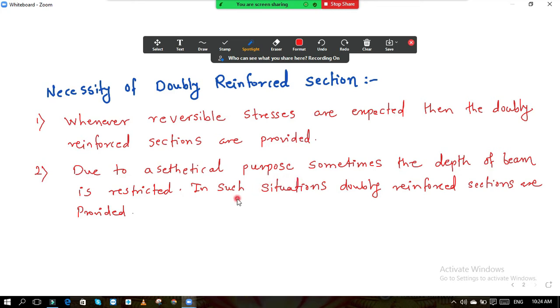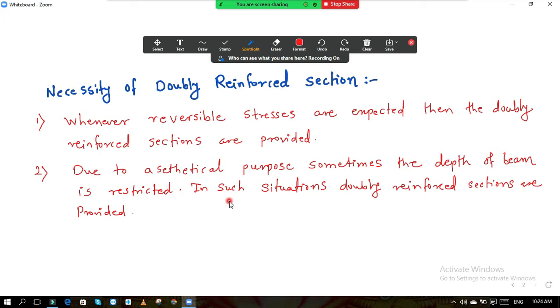The best example of this is an apartment. In that apartment normally the ground floor is for parking. You only observe the pillars, the columns, and above the columns beams are there. If you closely observe those beams, many times the depth of the beam is the same.